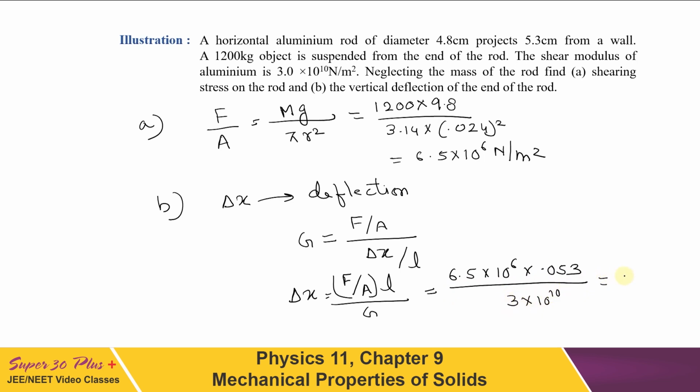The answer comes out to be 1.1 into 10 to the power minus 5 meter, which is the deflection produced in the rod.